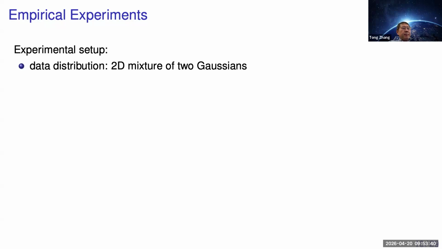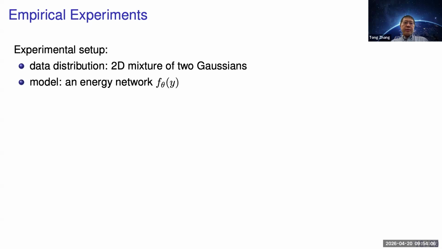So for experiments, you have a just simple experiment. This one is a 2D mixture of two Gaussians. The model is an energy network, right? It's just a neural net, an MLP, in 2D.